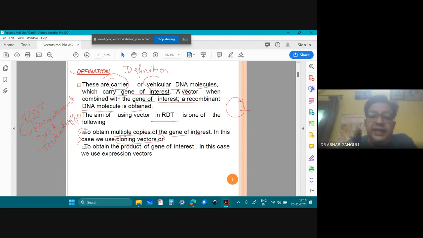Then the next thing is to obtain the product of the gene of interest. In this case, we use expression vectors. So an expression vector has your gene of interest.